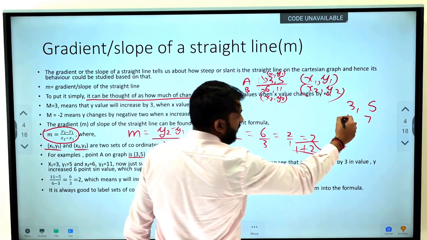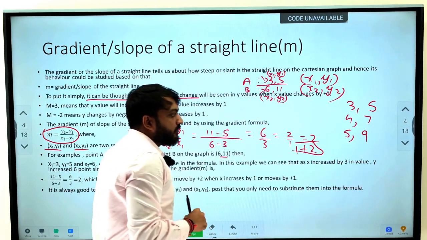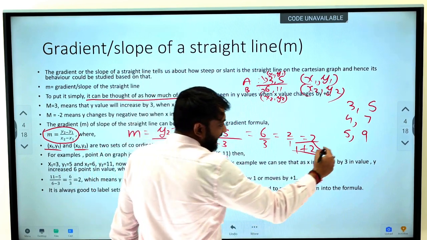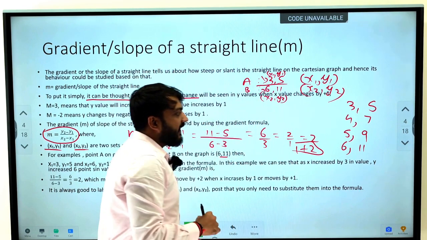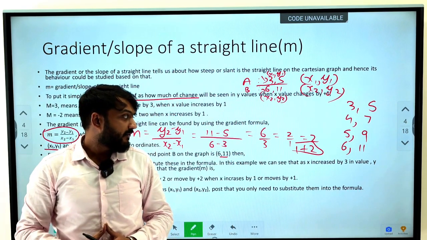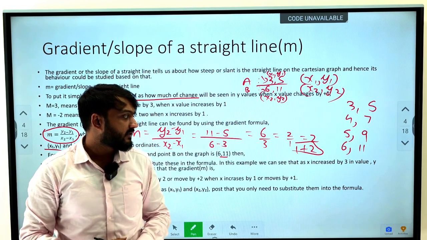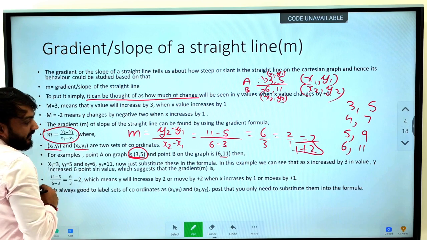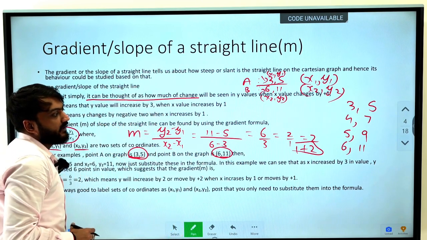Let's try this once more. If x goes from 4 to 5, y should furthermore increase by 2, meaning it goes from 7 to 9. And if x goes from 5 to 6, y goes from 9 to 11, right? This helps me verify my answer. Why? Because we have already been told that point A is (3, 5) and point B is (6, 11), right?